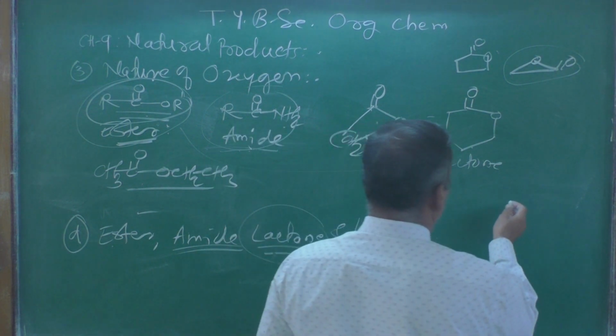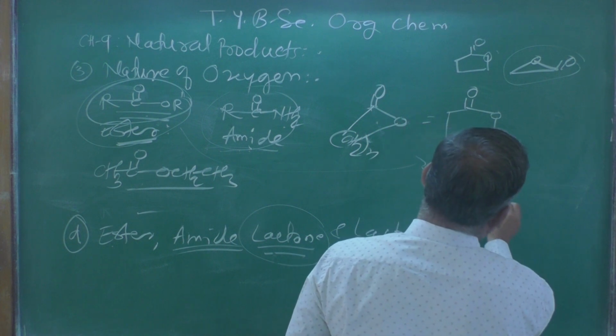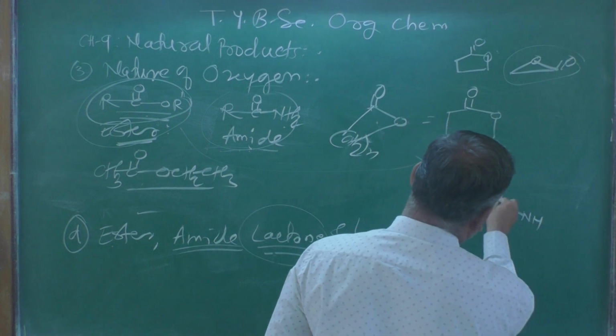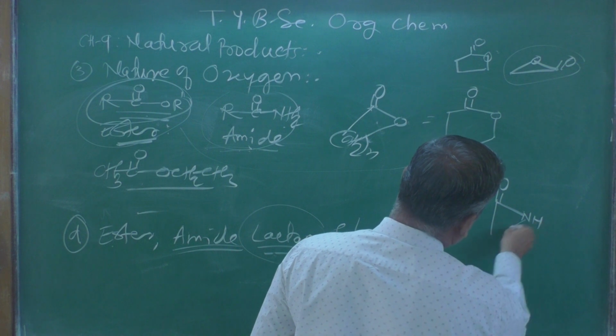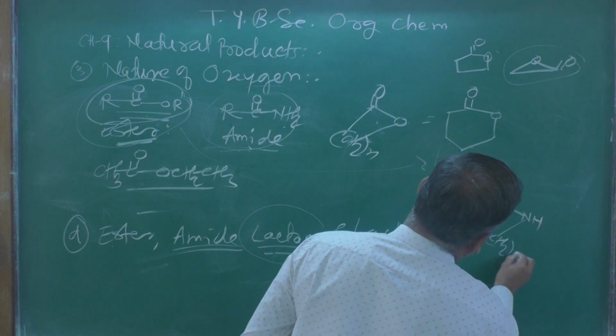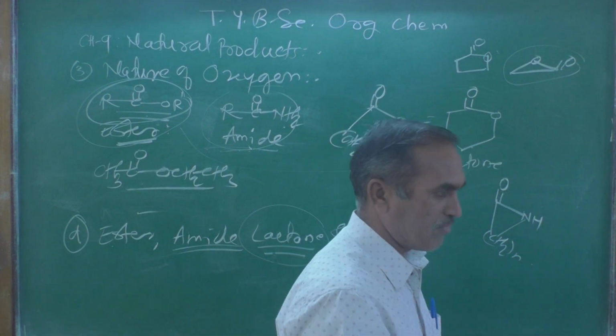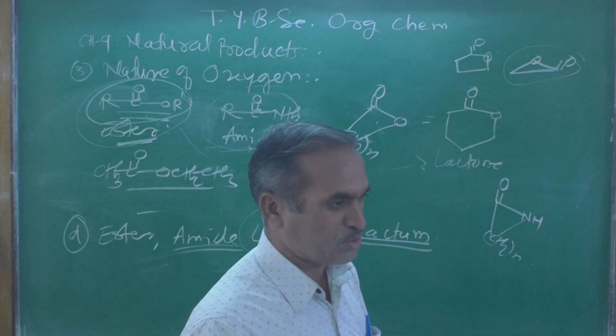Remember here the C double bond O, and instead of O you write NH over here. This one is CH2 n, where n means the number of CH2 methylene groups.